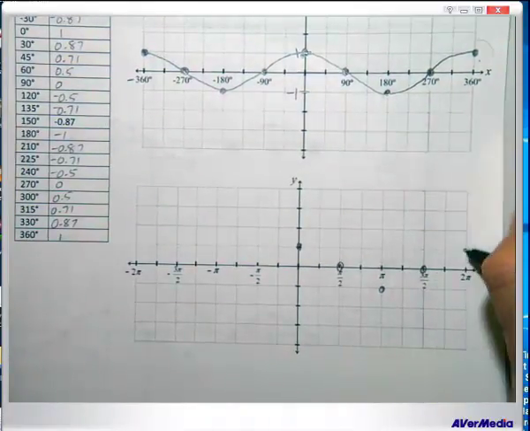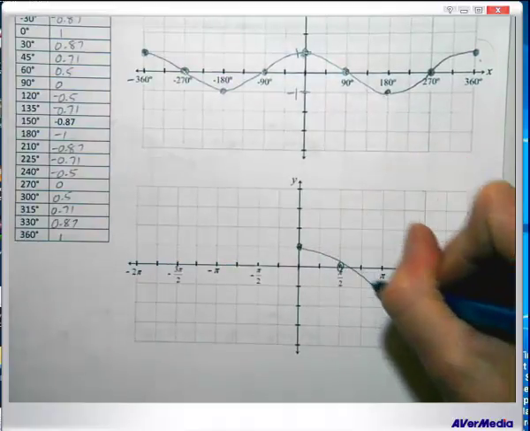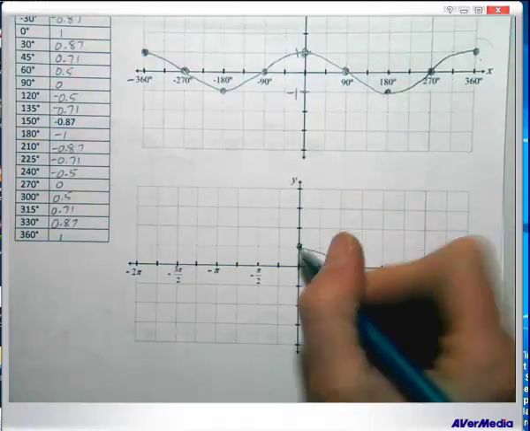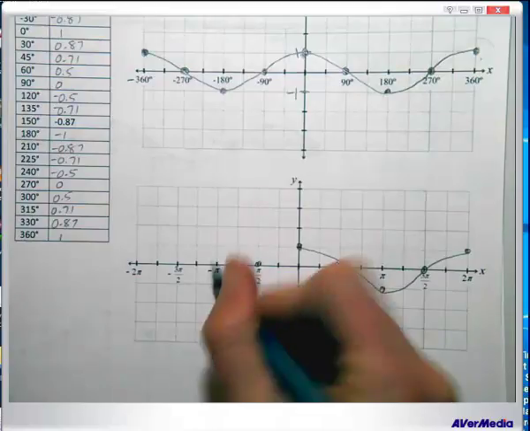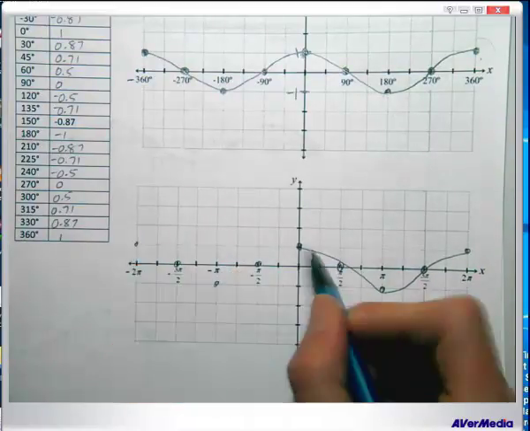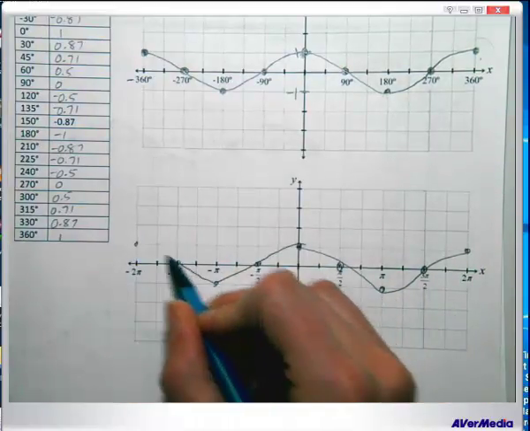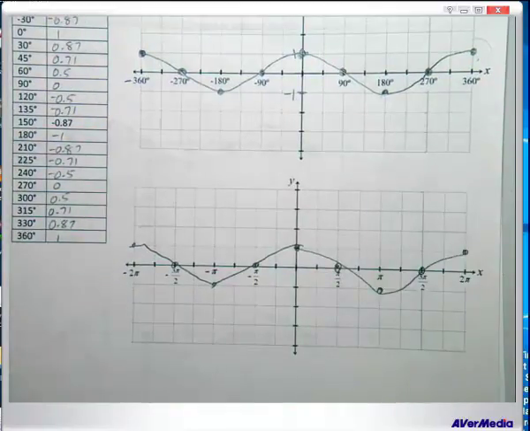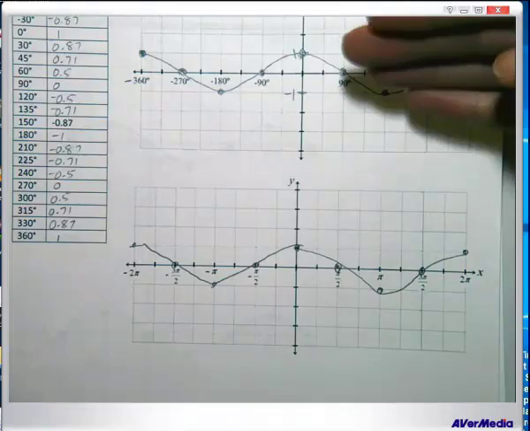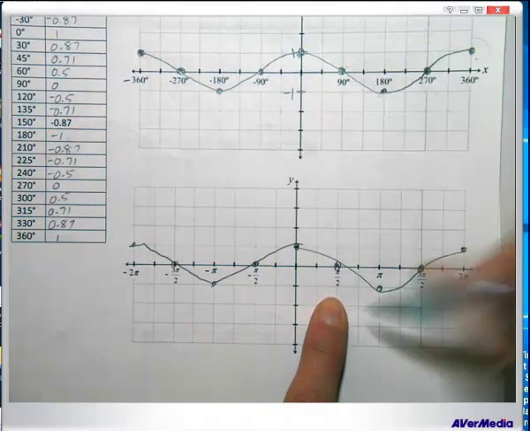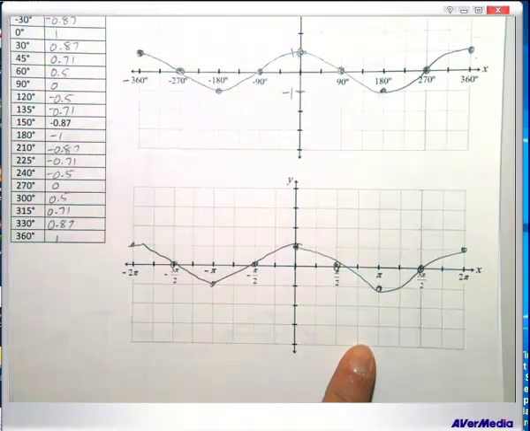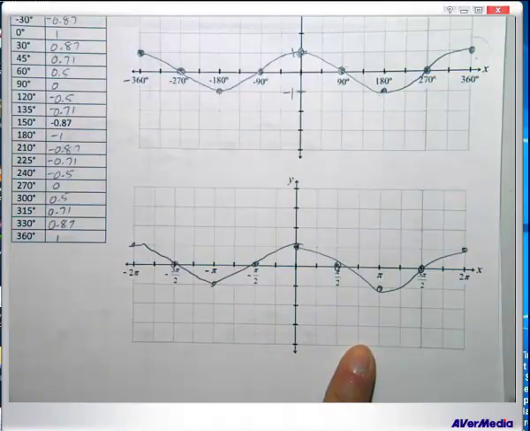The reason we're doing this is when we talk about sine and cosine functions, generally, we are going to be graphing using radians, not degrees, but I think it makes more sense to start with degrees because most of you are more familiar with degrees. Okay? But once you're familiar with 90 degrees being the same as pi over 2, then you can just transition that graph down. Okay? Any questions on that so far?